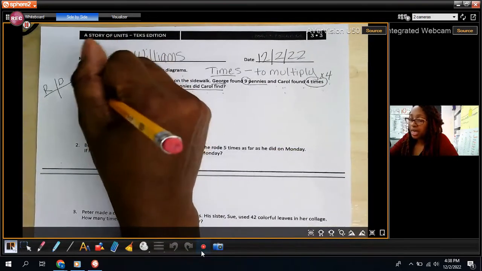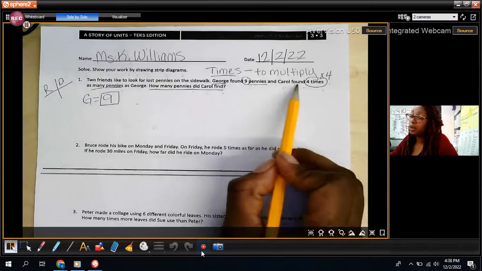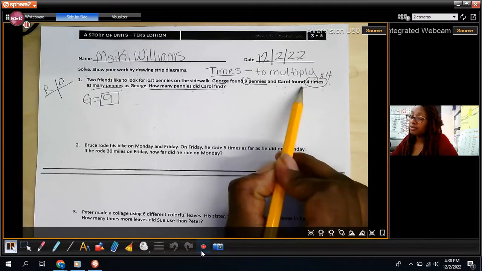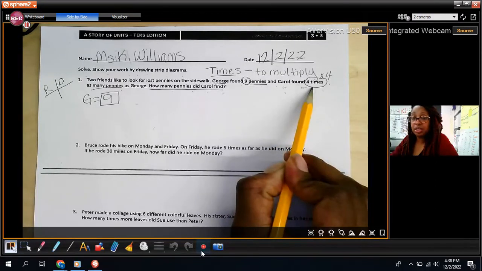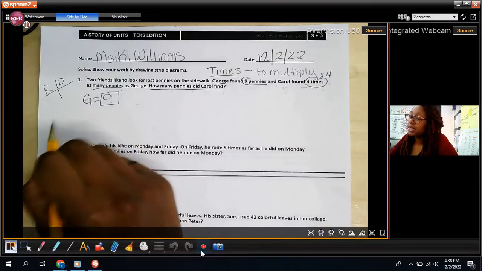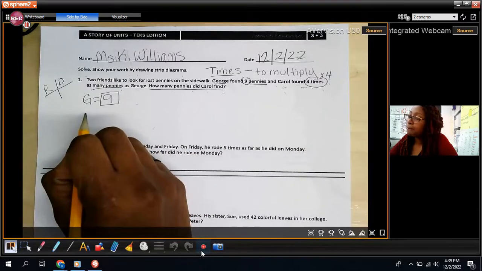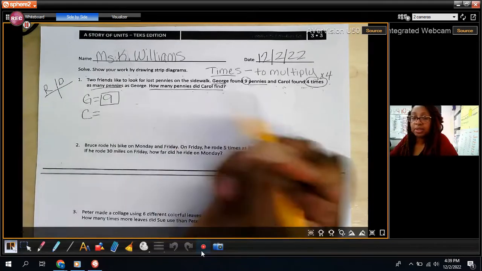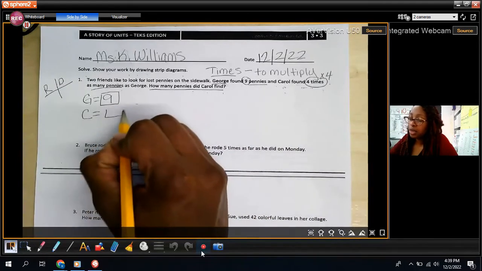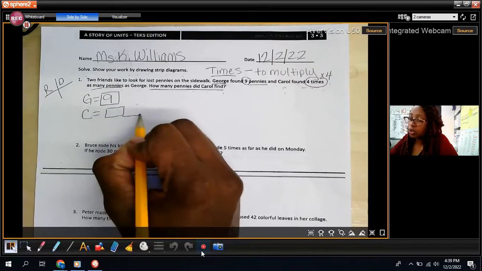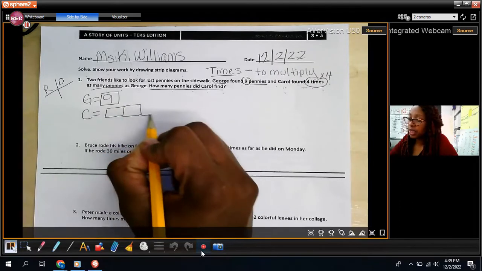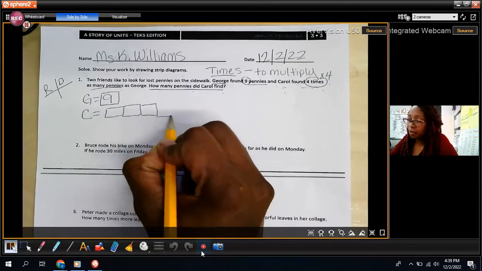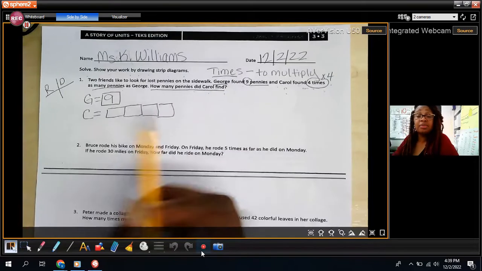I'm going to box my 9, and then I know that Carol found 4 times as much. So what that tells me is I'm going to be doing Carol C equals 1, 2, 3, and 4, which is 4 times as much.